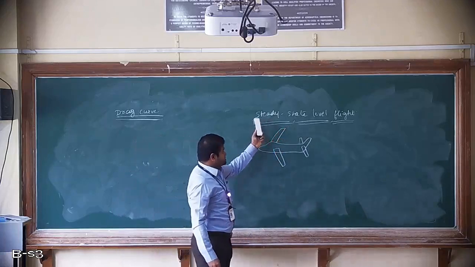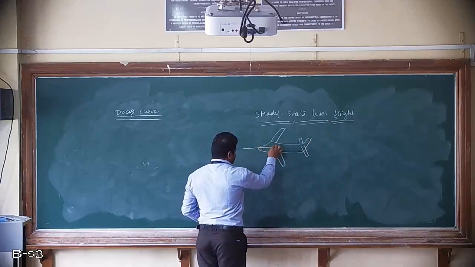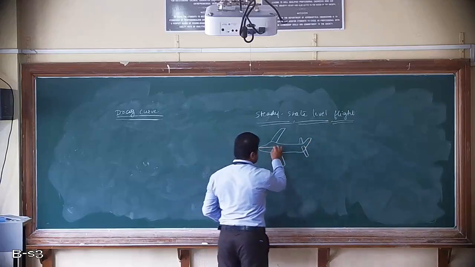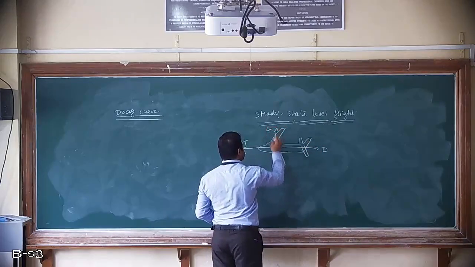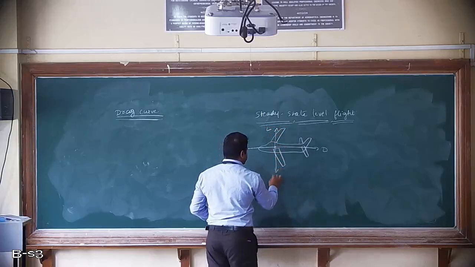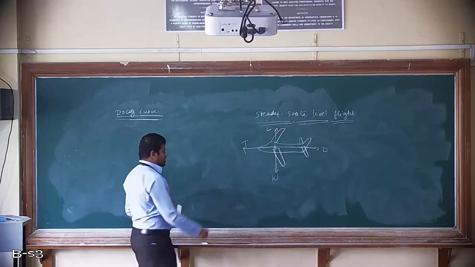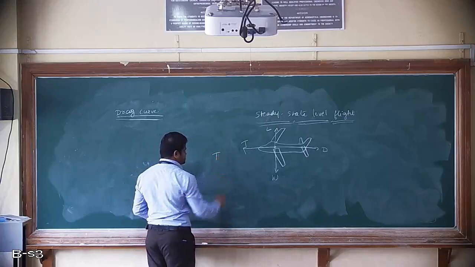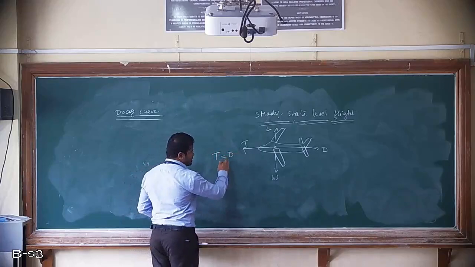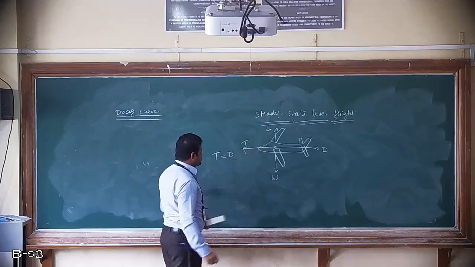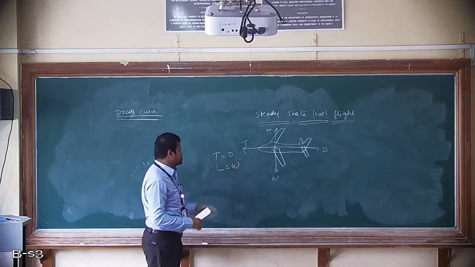At this condition, thrust T is produced in this direction, and on this side the drag is produced; in the upper direction the lift is produced, and in the lower direction the weight is acting. For steady state level flight, whatever thrust is produced is equal to the drag, and the lift produced is equal to the weight of the aircraft.